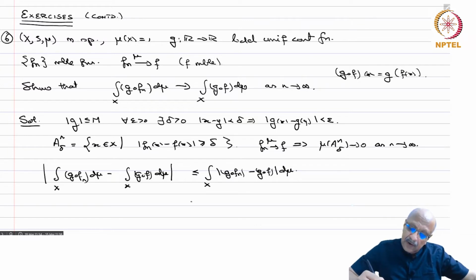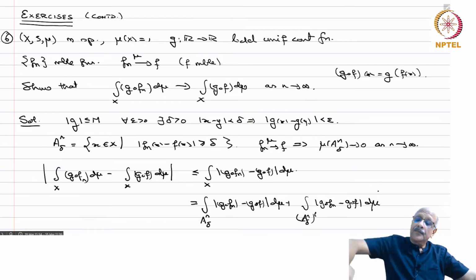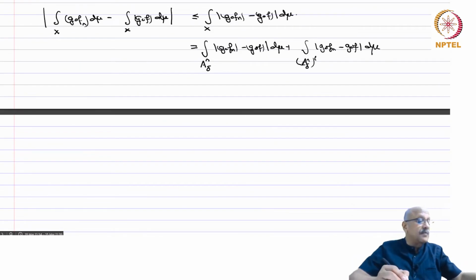That we are now going to write as the integral over A_{n,delta} of mod g composed with f_n minus g composed with f d mu plus the integral over A_{n,delta} complement of mod g composed with f_n minus g composed with f d mu. So we have split the integral into two parts.